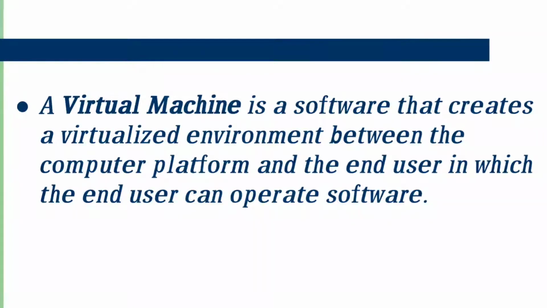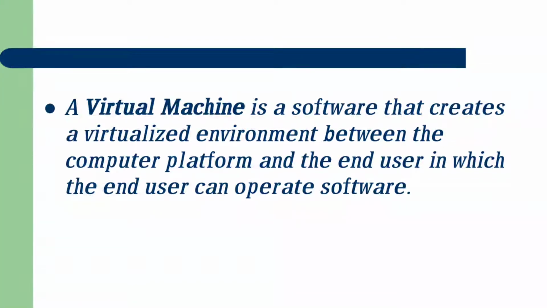Many operating systems are there. Previously you could install one operating system like Microsoft Windows, but within that Windows operating system itself, you can use other operating systems also. But how can we do that? That is done by the virtual machine.